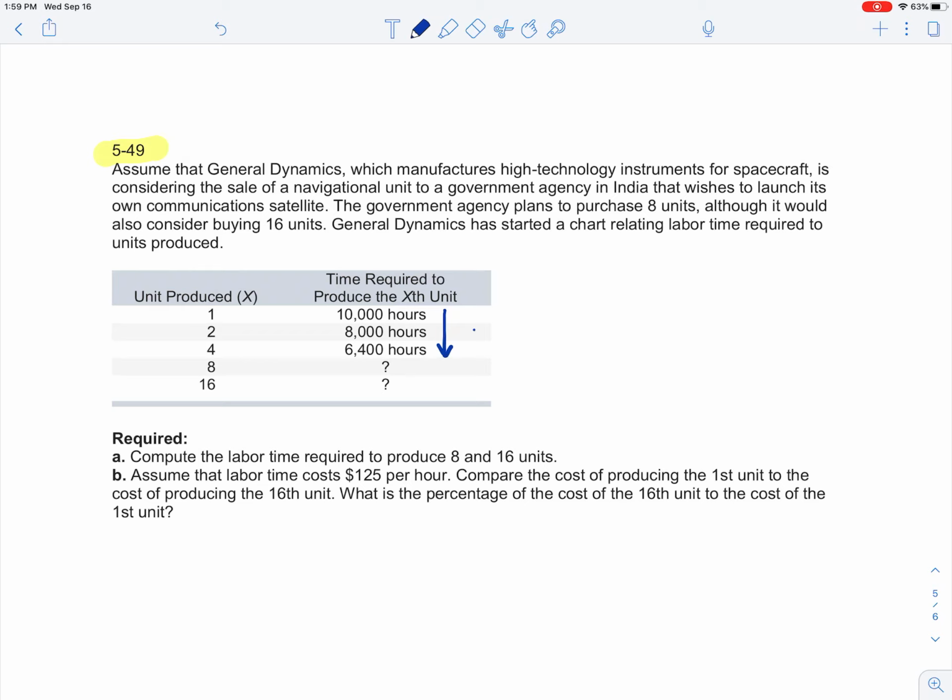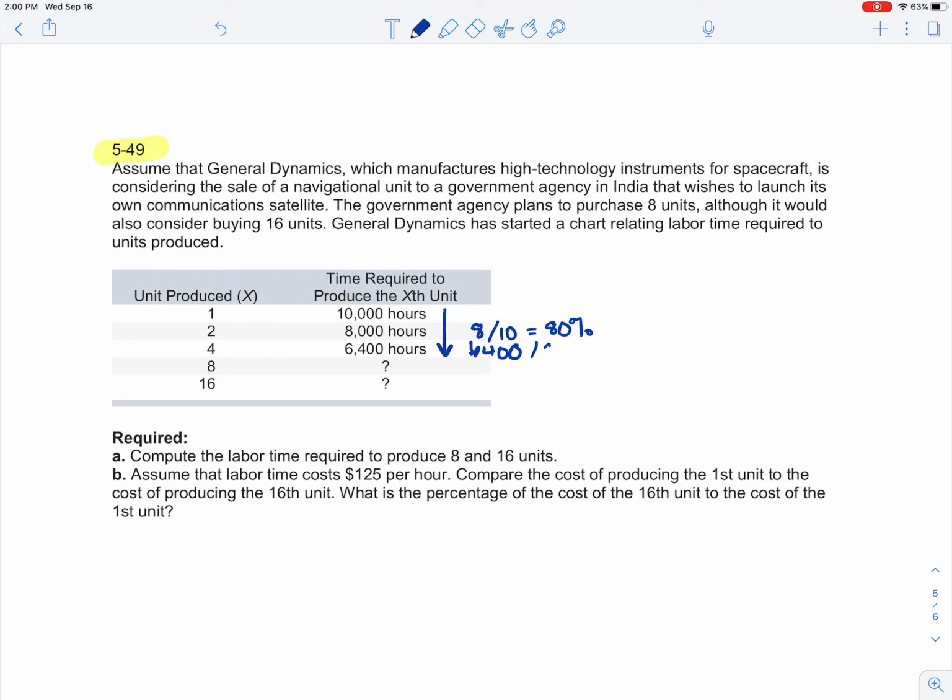So you can see here, I took 8,000 hours. I'm going to simplify and cut out those zeros. Where it used to take me 10,000 hours for the second item. That's an 80% decrease in time. If I look at the next one in 4, every time I double, I'm getting better at this.